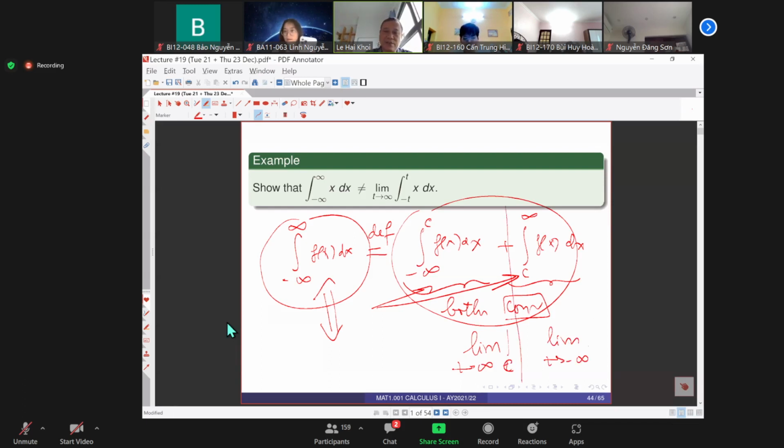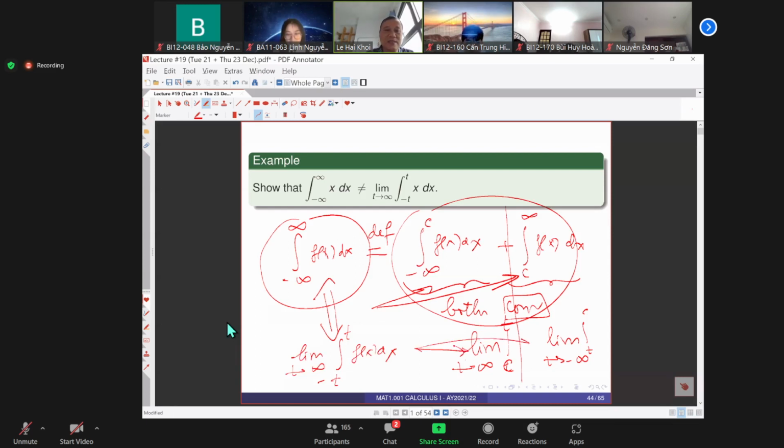Then can we think that it is the same as taking the integral from negative t to t of f(x) dx, and then letting t tend to plus infinity?